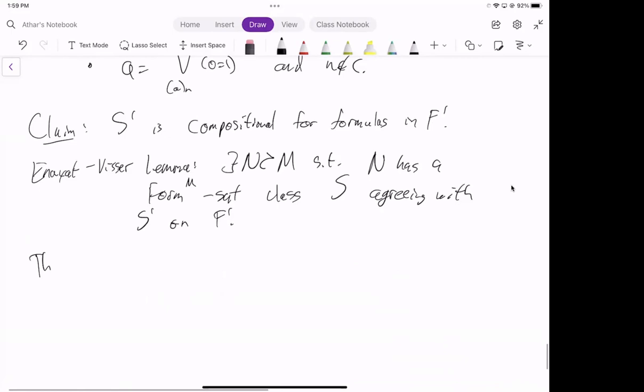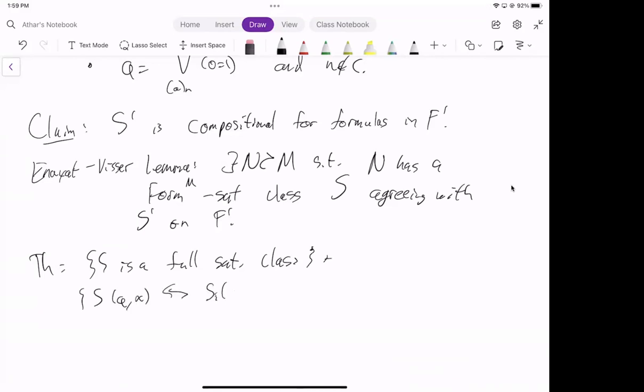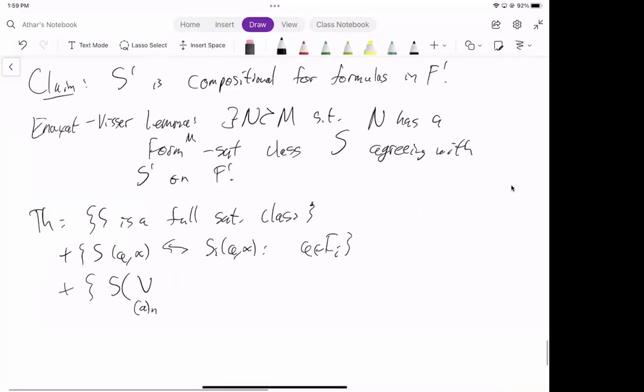And then you can write down a theory that essentially says that S is a full satisfaction class plus S of phi alpha if and only if Si of phi alpha for phi in Fi, plus, writing the pluses in a consistent way, S of those if and only if n is not in C.